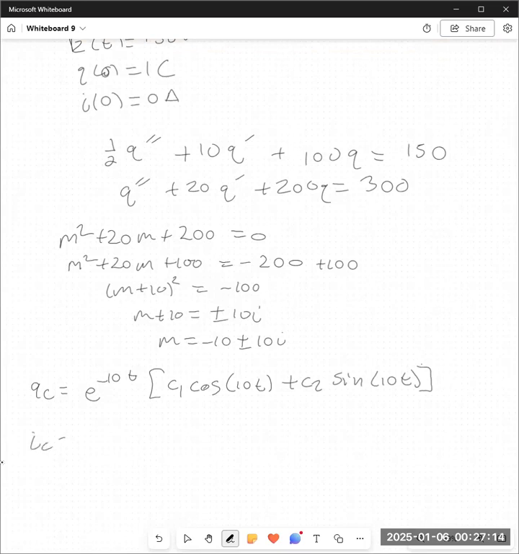So Ic is equal to negative 10 e to the negative 10t (C1 cosine of 10t plus C2 sine of 10t), and then we leave this part alone and differentiate this part.